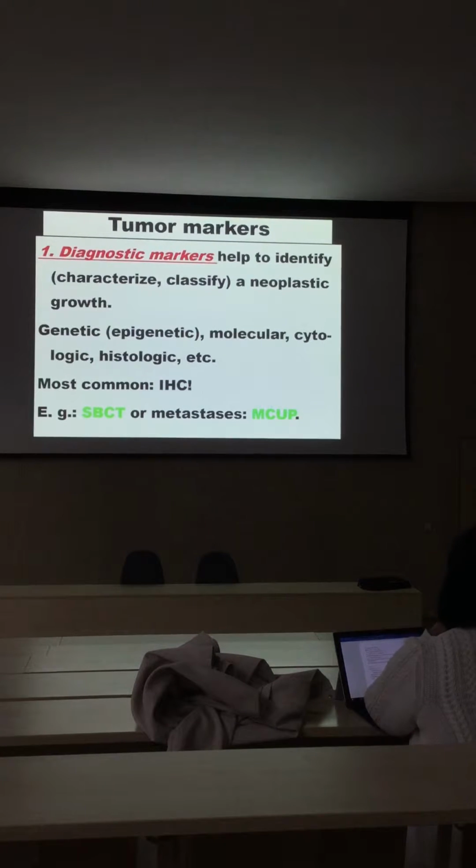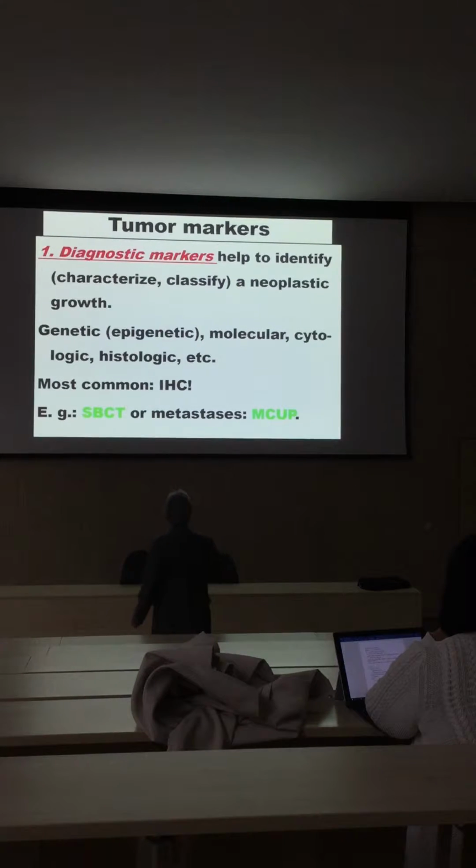The good example is a small blue cell tumor, which can be leukemia, rhabdomyosarcoma, osteosarcoma, a lymphoma, small cell lung carcinoma, all look alike. Small blue cells, like lymphocytes. And unless we use diagnostic markers, we have no chance of determining where that tumor originates, which will determine our ability to treat that tumor.